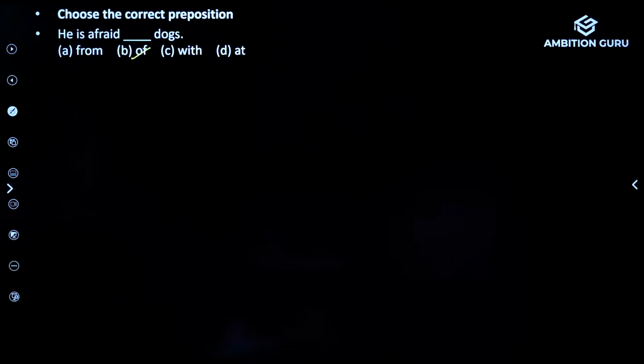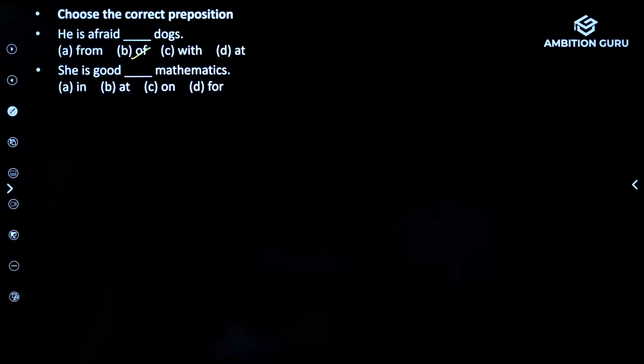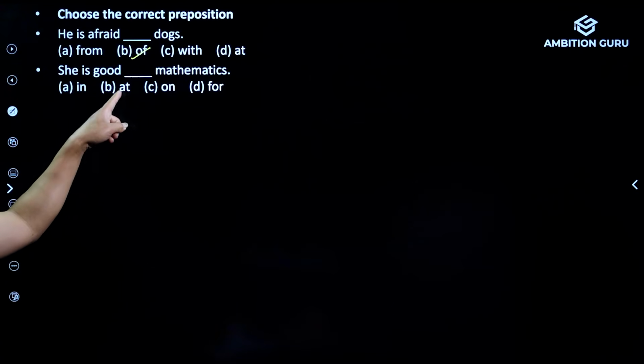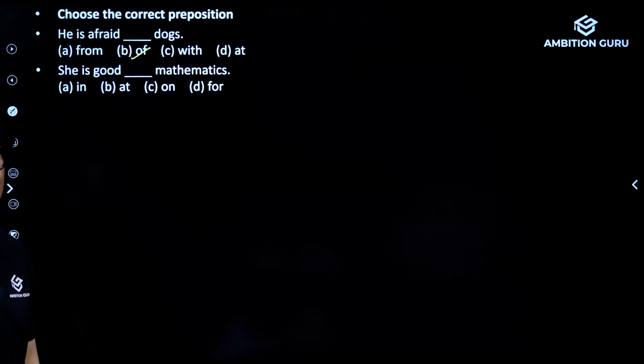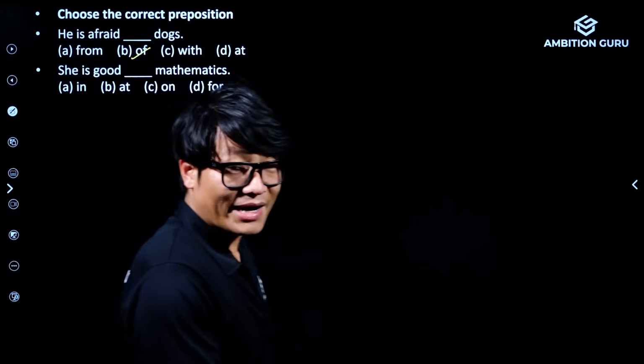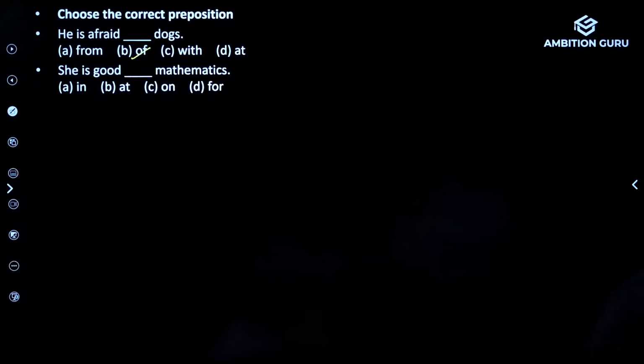He is afraid of dogs. Very good. She is good dot dot dot mathematics. Good in mathematics, good at mathematics, good on mathematics, good for mathematics, which is right? I can see the mixed answers now.